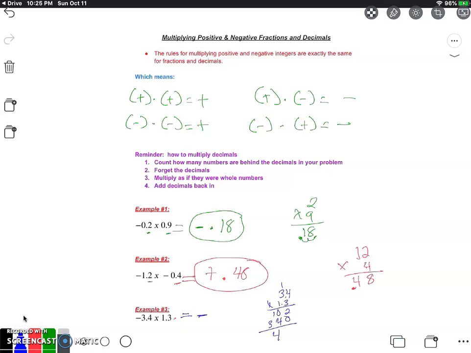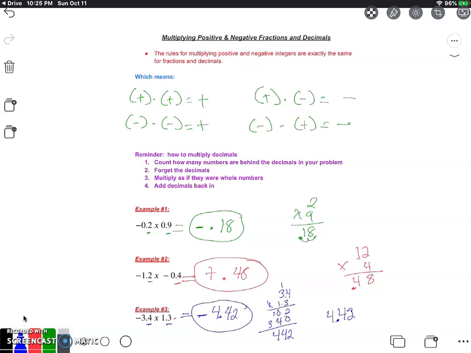I'm left with 442. When I come back to my problem, there's one number, two numbers after my decimal. So that decimal point is going to go right there to leave two numbers after my decimal. And that should be a negative 442 hundredths. All right, and that's how you multiply decimals.